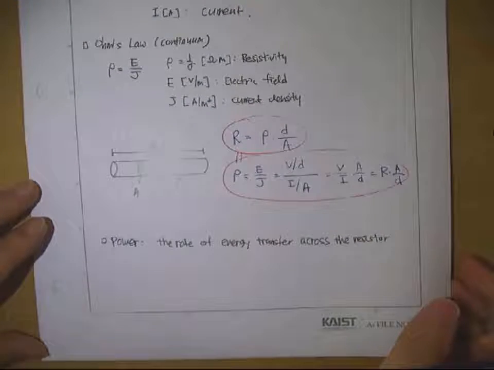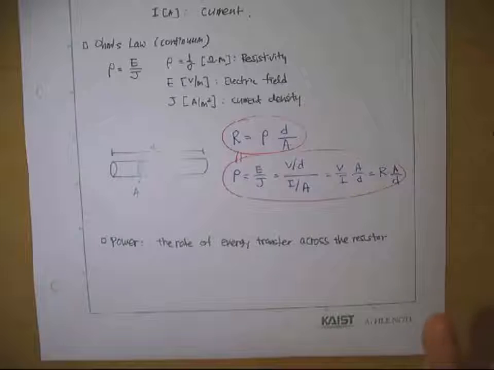So keep in mind that the electrical resistivity is a material property. So it has a unique value for copper, whether the size is big or small. But the resistance can change depending on the size and the shape of the material.